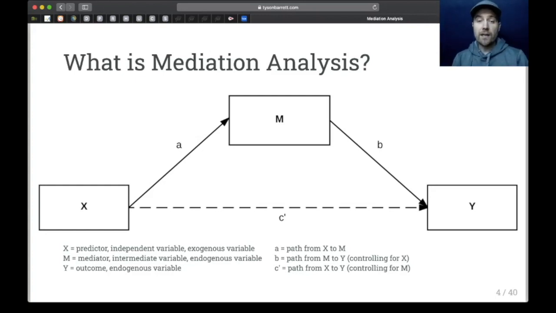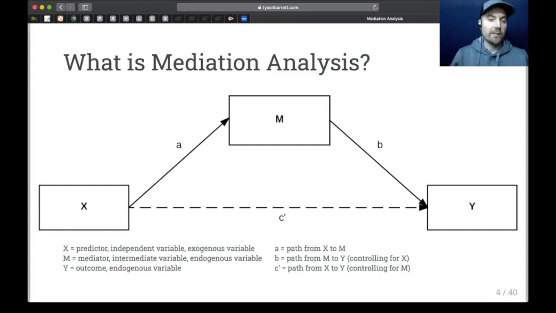When it comes to mediation analysis, this is a really common way of drawing it out. So you have X, that's your predictor or independent variable. You'll also hear it called exogenous variable. When you see the word exogenous, that means it is not caused by something tied to the model.